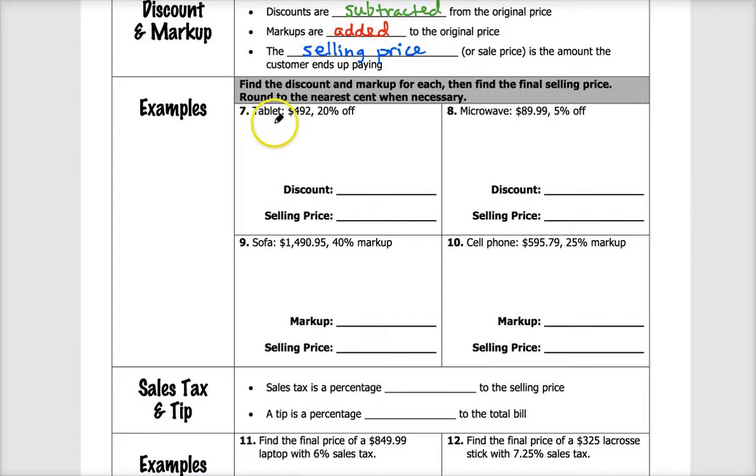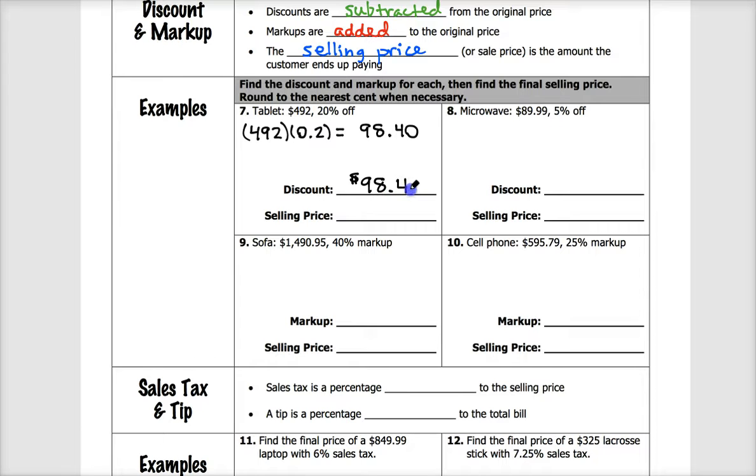So number 7 here, there's a tablet that cost $492 and it's selling for 20% off. So this is a discount problem. So we're taking the original amount, 492, and we're figuring out what 20% of that is. So that's times 0.2 using the percent equation. 492 times 0.2 is 98.40. Okay, so that is the discount amount, $98.40.